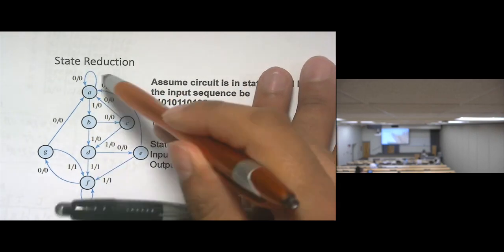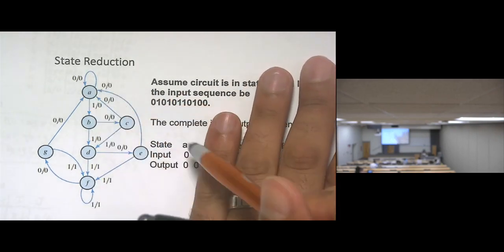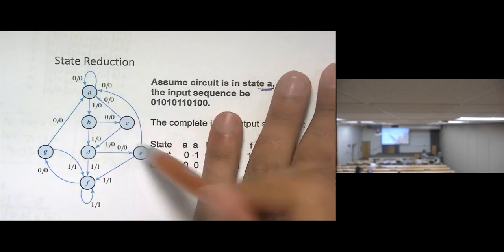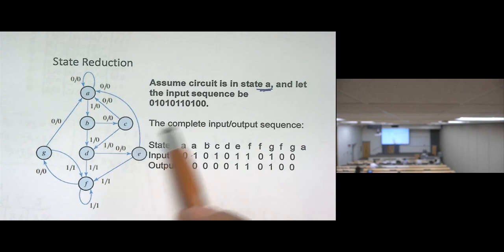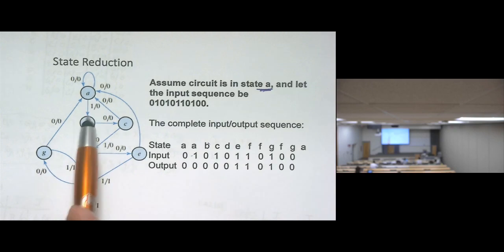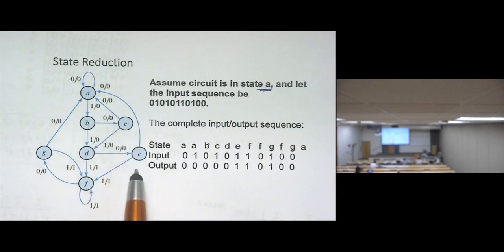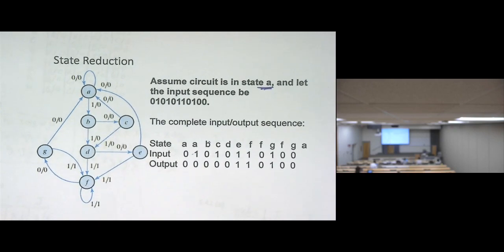Then if the input is 1, we will go to state B, and the output is 0, and so on. Just follow the procedure. Each state goes to the next, for example B, then C, then D. We already talked about how to do this. When we look at these states, we might see some repeated or unnecessary ones.